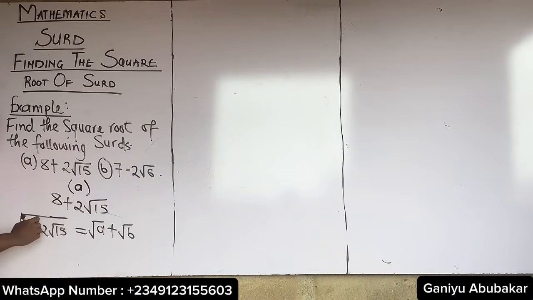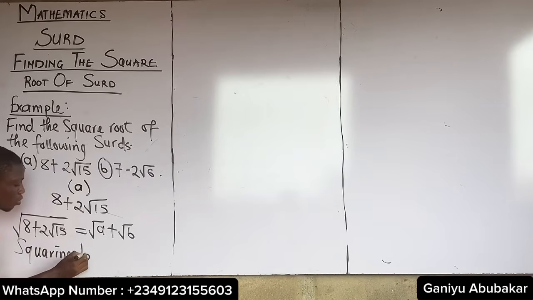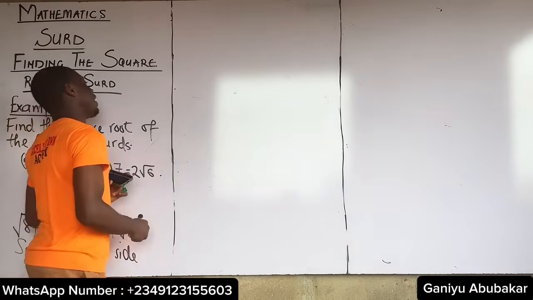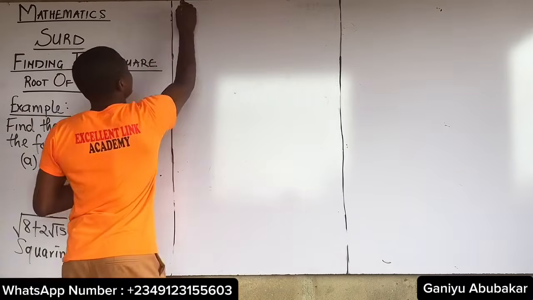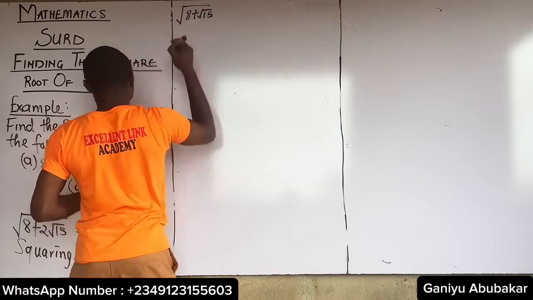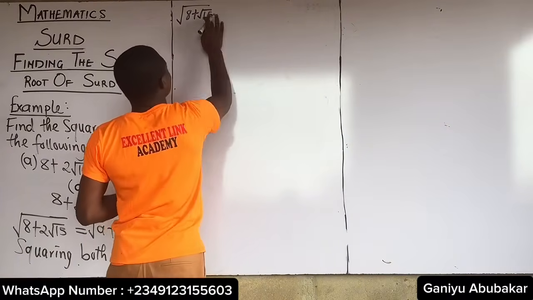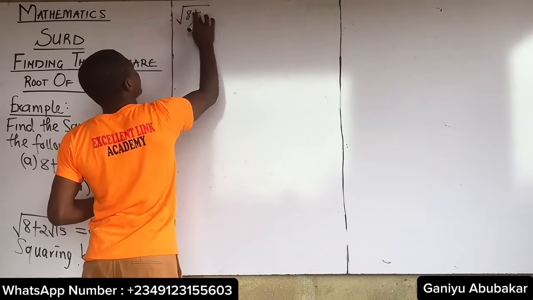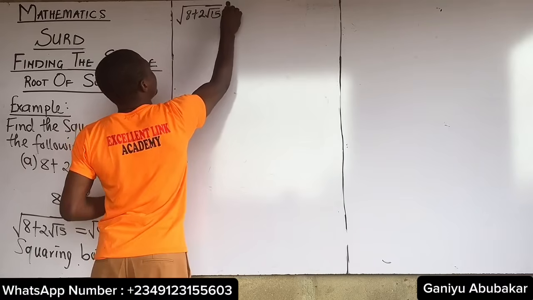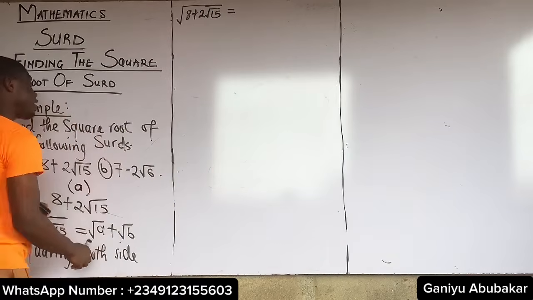We said our next task after this one is what? Square both sides. If I square both sides, what do I get there? I'll have root 8 plus 2 root 15, all squared, is equal to root a plus root b, all squared.